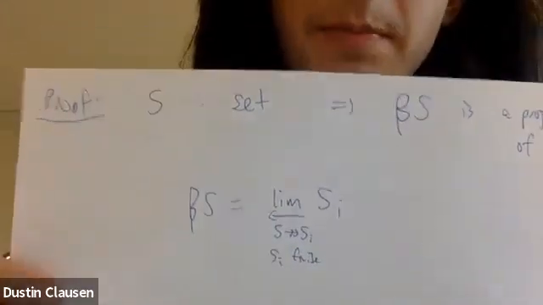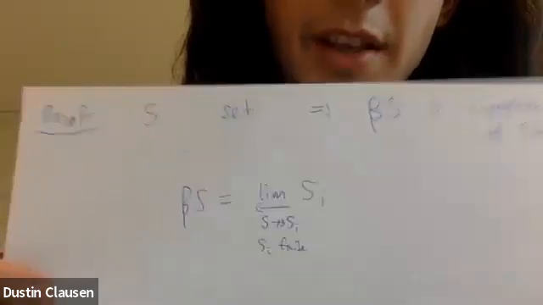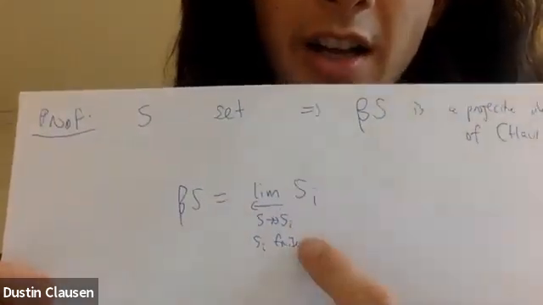Let me remind you of one possible definition of beta S. It's a space of ultrafilters, but one way of describing it is as the inverse limit over all surjective maps to finite sets of that finite set. So in essence it's the profinite completion of the set S, and this is a topological isomorphism.